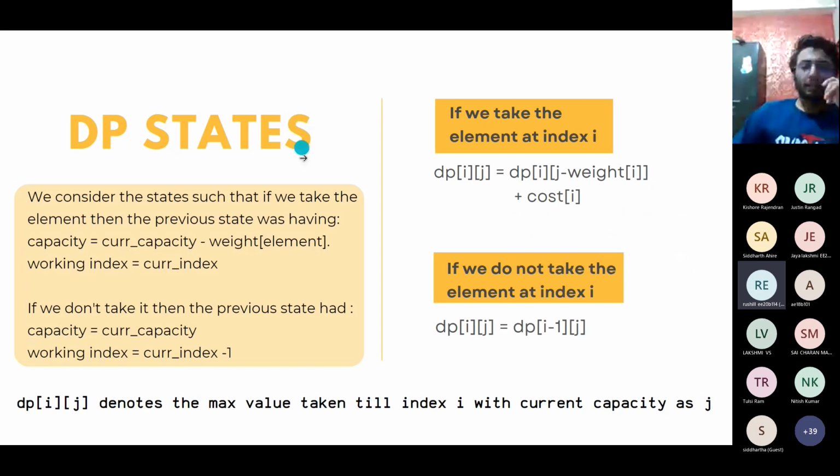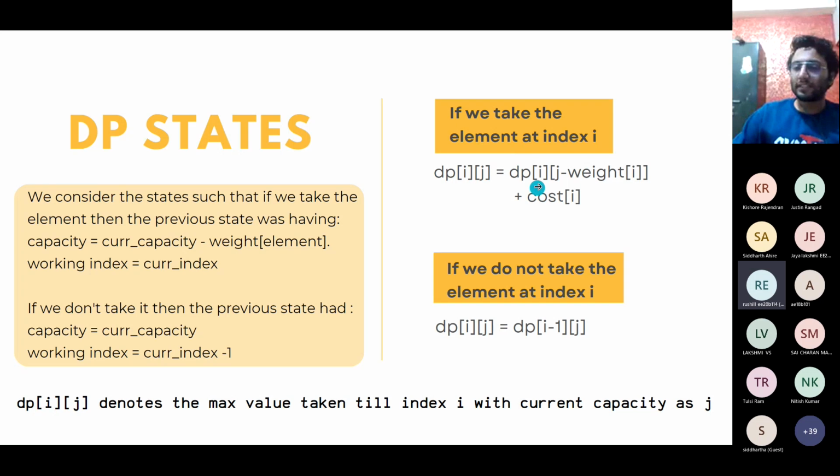If I take the ith item, my DP gets reduced down to a previous state where the cost increases because I'm including the ith item, but the transition takes place such that I can still choose the ith item. So I move down to a DP value of DP of i and j minus weight of i, because I have chosen the item, so the carrying capacity of the bag is reduced.